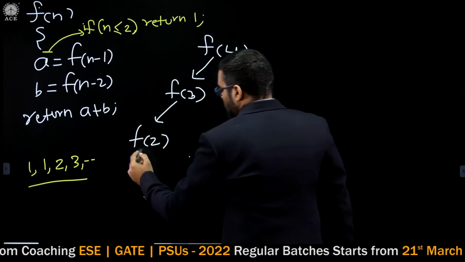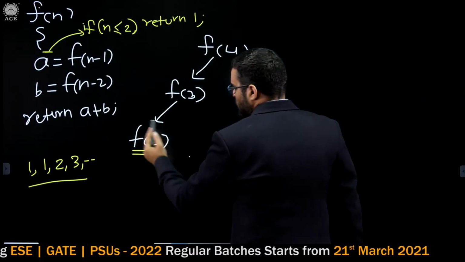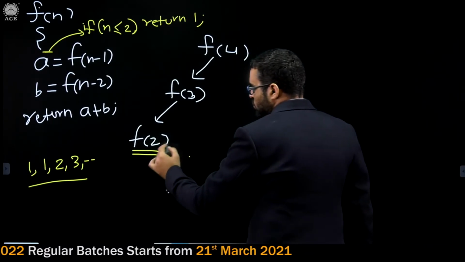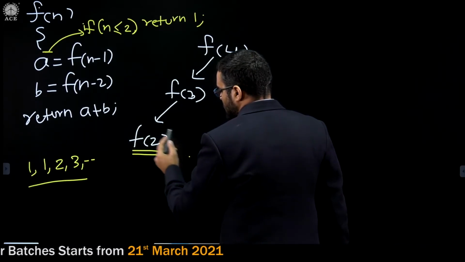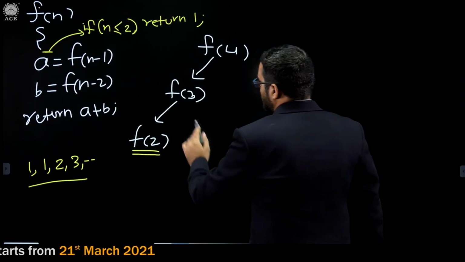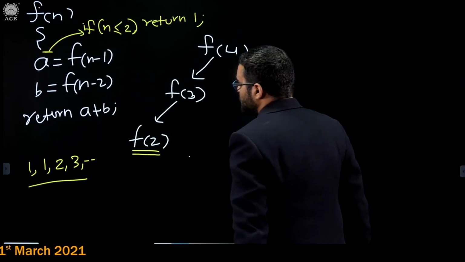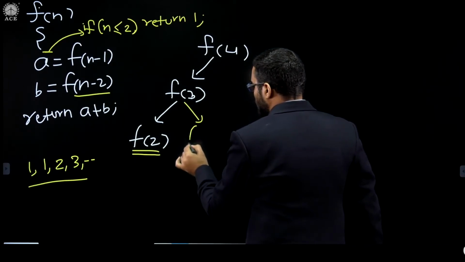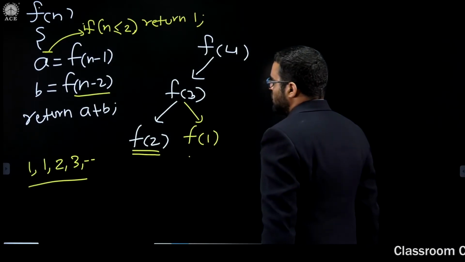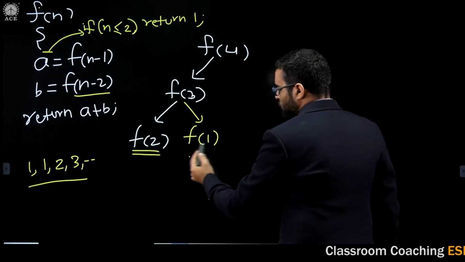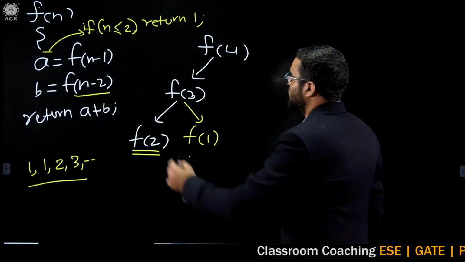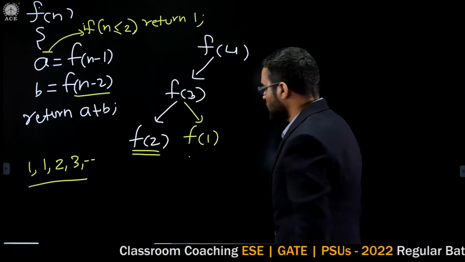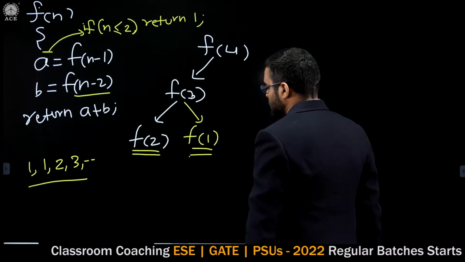So this function f2 will return, and then we go to f3. This f3 will now call f1, which will return, because when n is less than or equal to 2 we simply return.